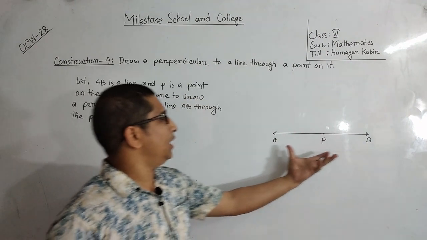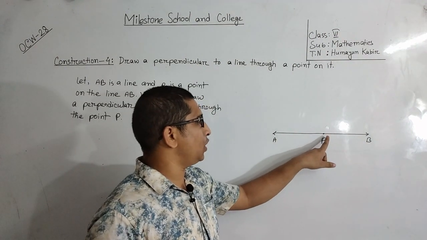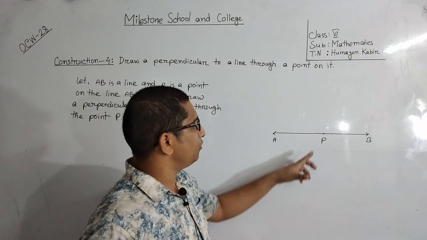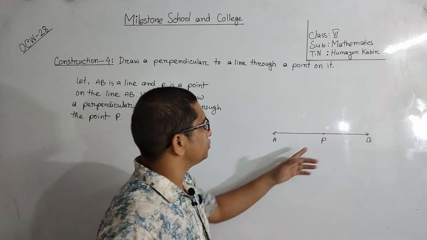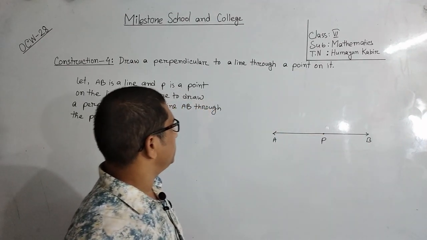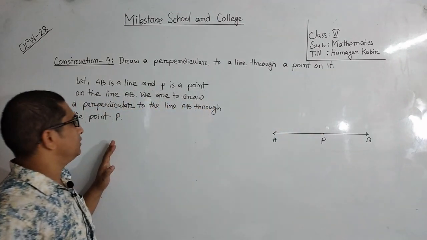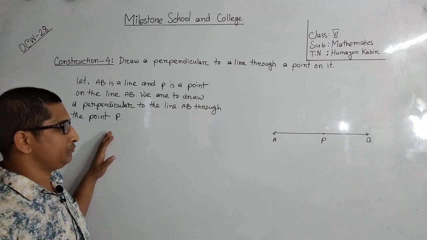Here we have a line and a point on this line. Now we will draw perpendicular through this point. Okay. Now everyone write in your CW copy.